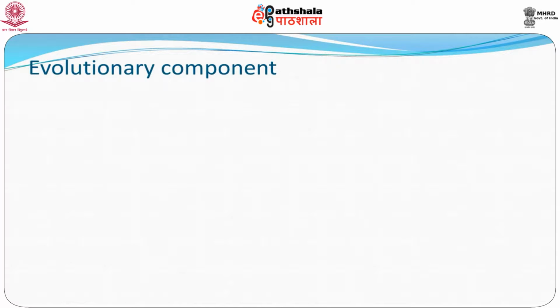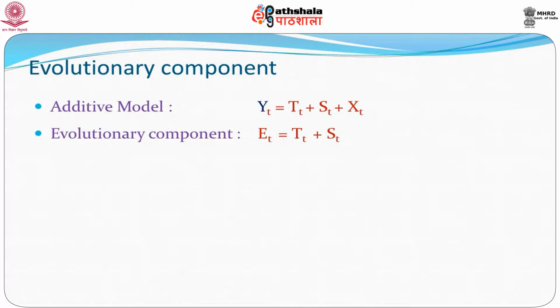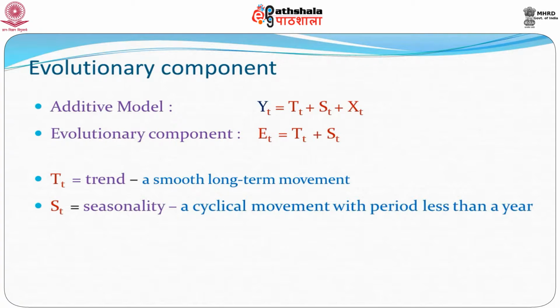Let's look at the evolutionary component in an additive model. So, we have y t is T t plus S t plus x t, and the evolutionary component is the trend and the seasonality component. What is trend? Trend is a smooth long-term movement of the time series, as opposed to seasonality, which is a cyclical movement with period less than a year. So, let us look at an example. A particular shop is increasing its sales over the years.